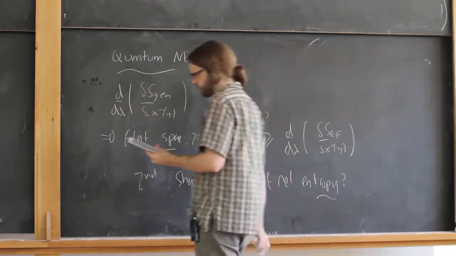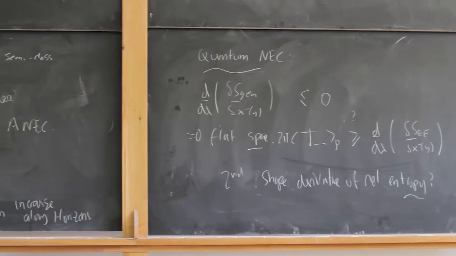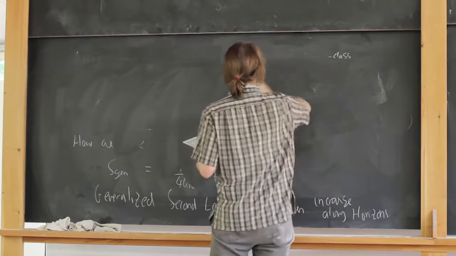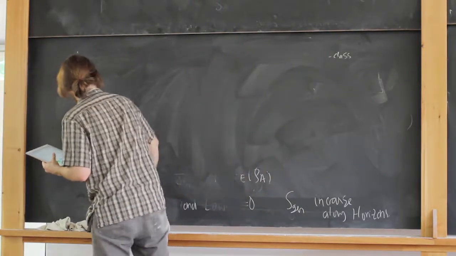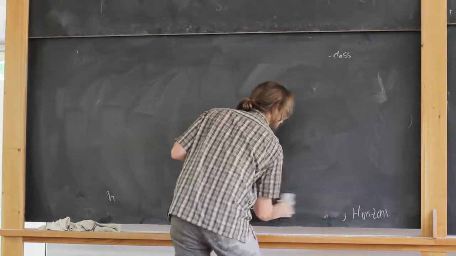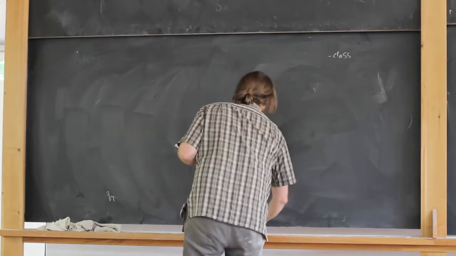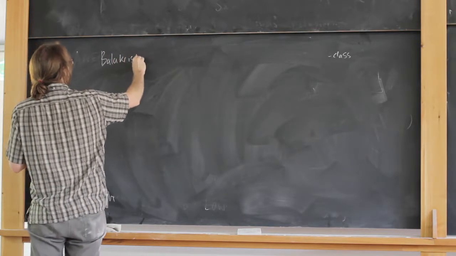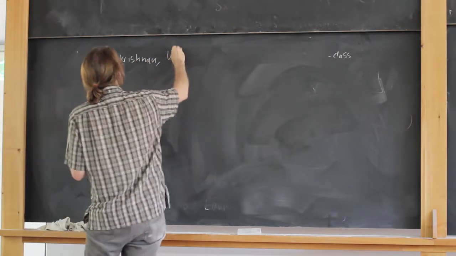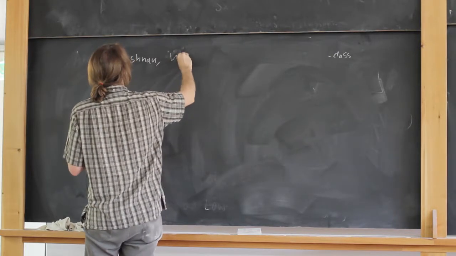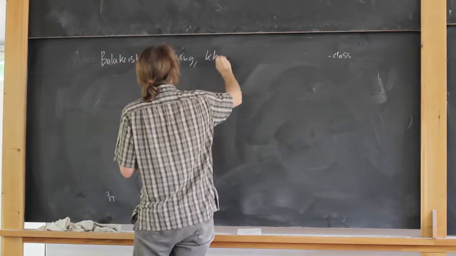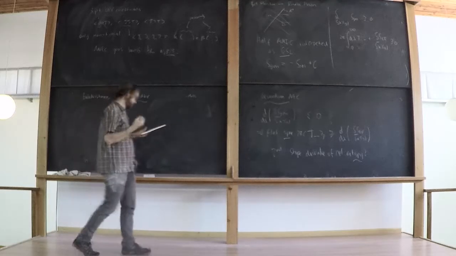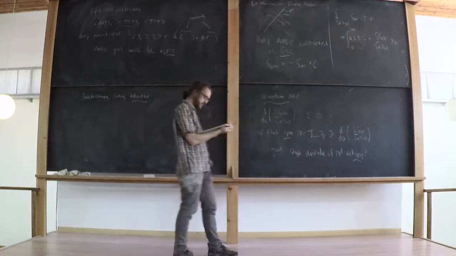In a recent paper with Srivatsan, Raja Wong, and Zuhair Khandker, which I want to mention because it brings together a lot of the methods I've been talking about, and it's nice to end on this, we proved this flat space version of the quantum null energy condition.